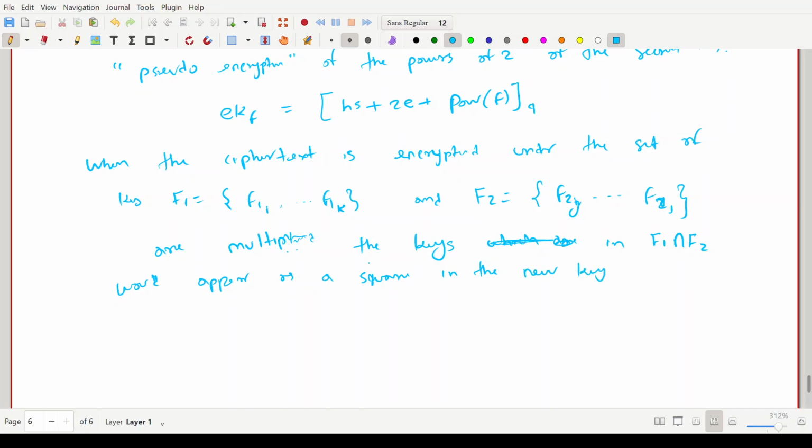Correct? That means suppose F2 is repeated, then the combined secret key will be F1, F2 square, F3, which was the problem. Correct?